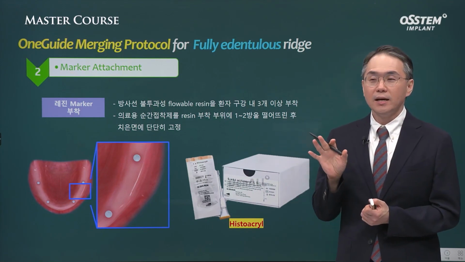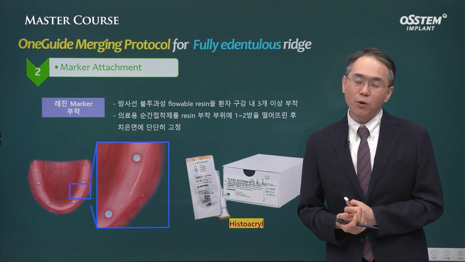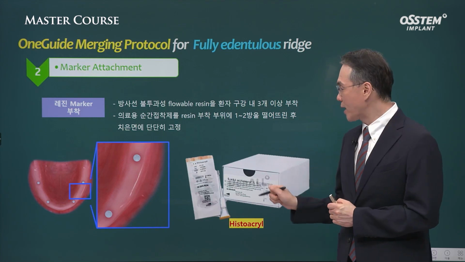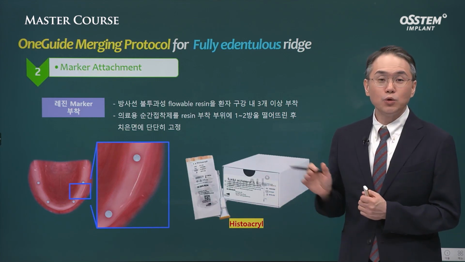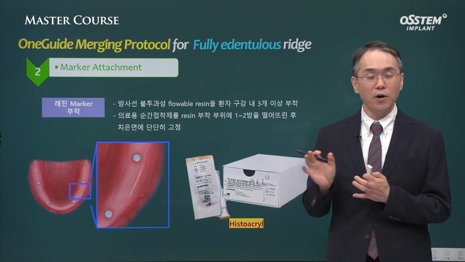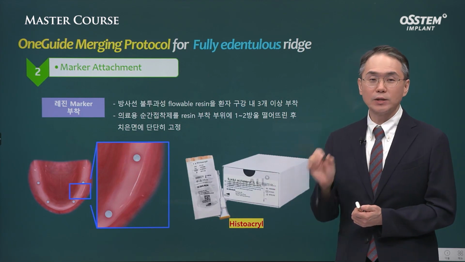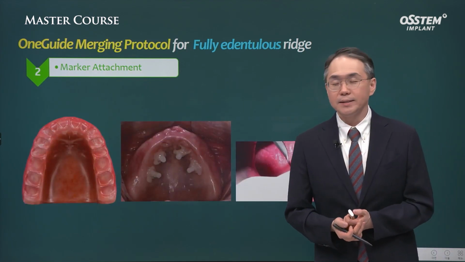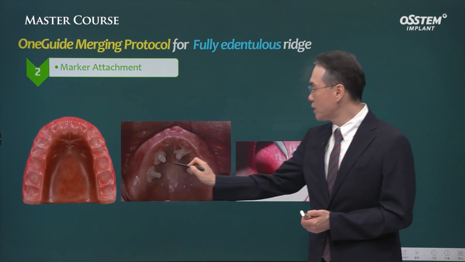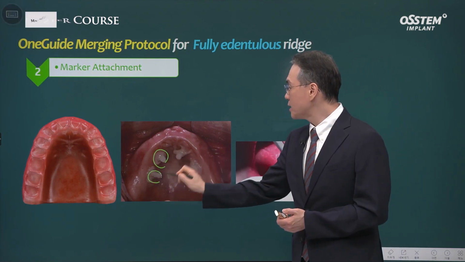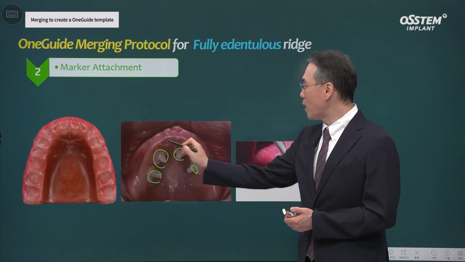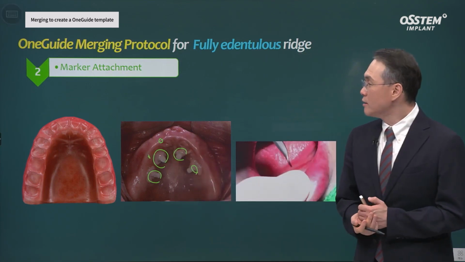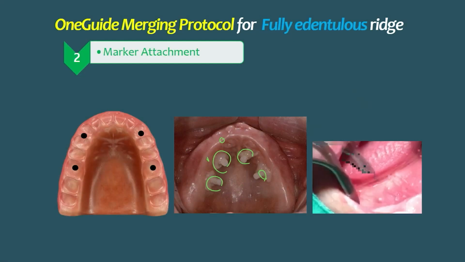However, flowable resin cannot be fixated strongly on gingiva. Therefore, you need to use histoacryl. This is medical tissue adhesive. By using this, you can fixate it. In the case of upper, as shown, if you attach it on the palate with a lot of keratinized gingiva or alveolar ridge, you can get the desired results.